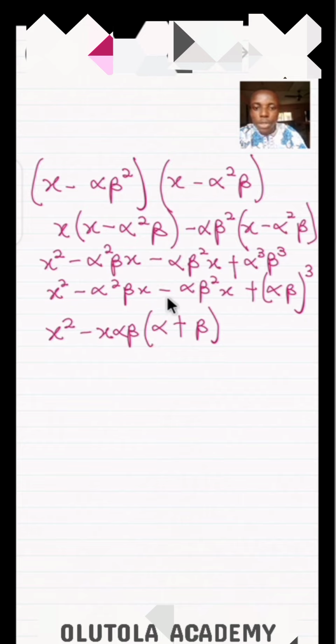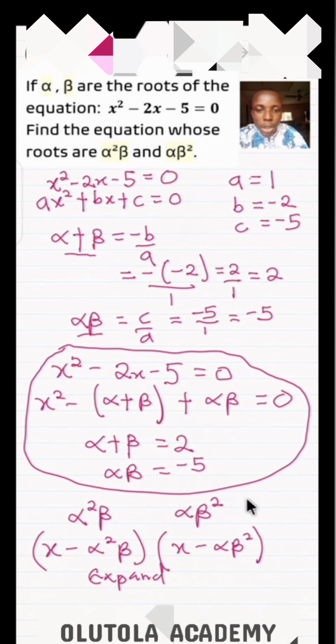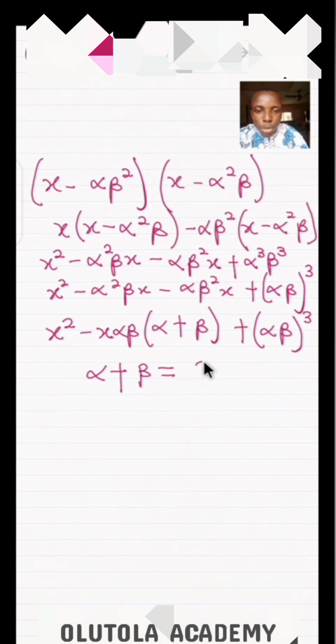Minus times plus is minus, and I bring down this: plus alpha beta cubed. Now I will recall that before, I found alpha plus beta to be 2, while alpha beta is minus 5. So what I need to do to complete this is to put 2 here, put minus 5 here, and put minus 5 here, and I'm okay.